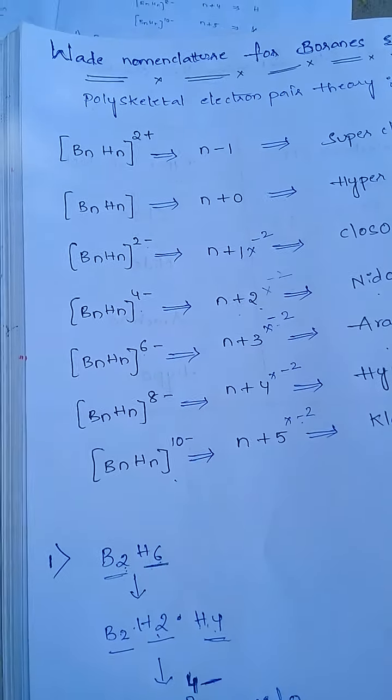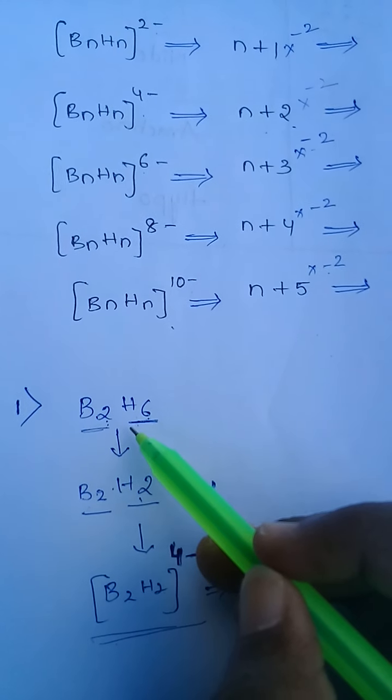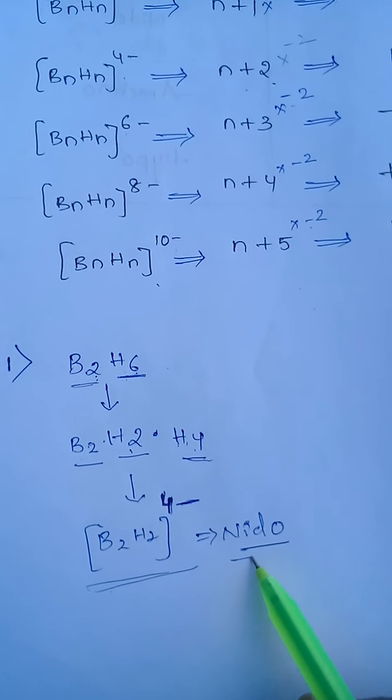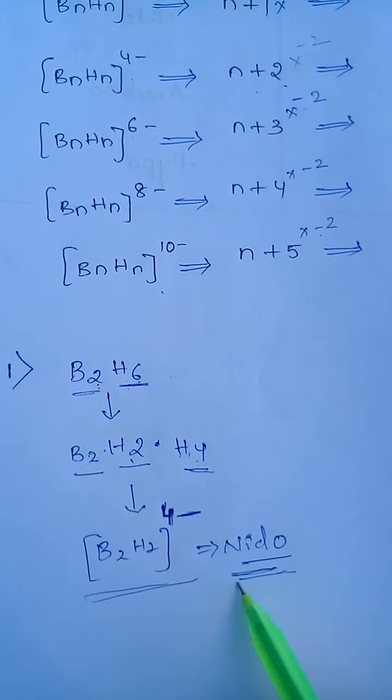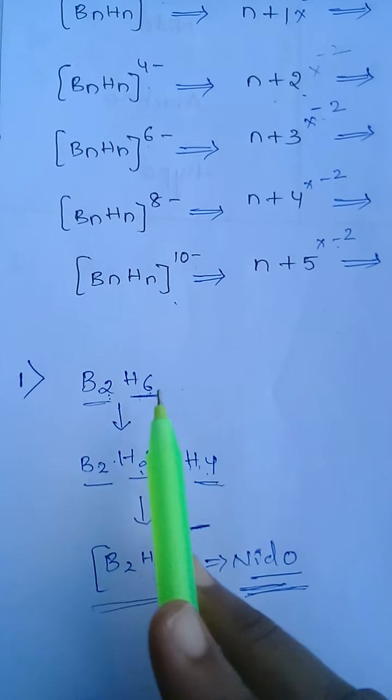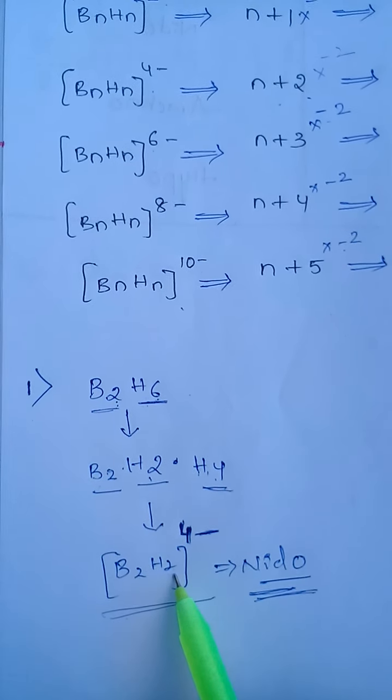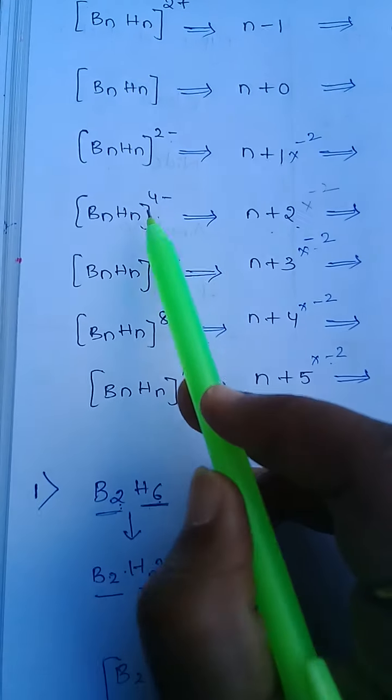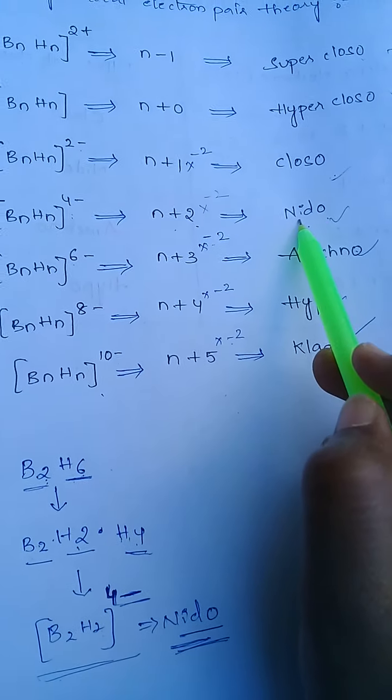So for B2H6 the structure is nido. Why are we saying nido? The formula we get for B2H6 is B2H2 4 minus, and B2H2 4 minus means nido.